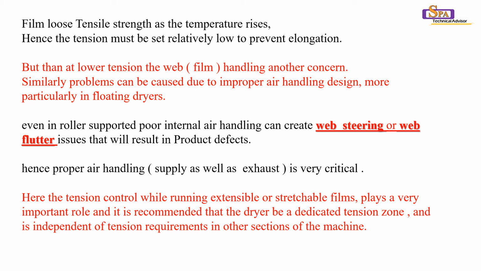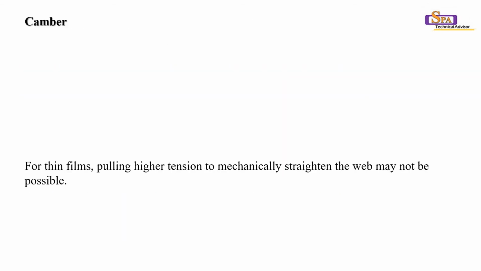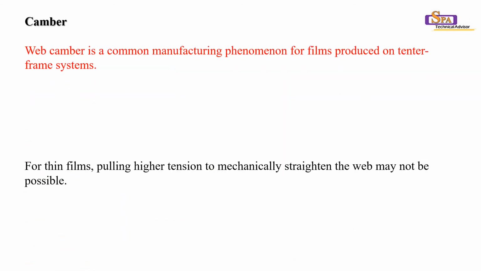Here the tension control while running stretchable films plays a very important role, and it is recommended that the dryer be a dedicated tension zone and be independent of tension requirements in other sections of the machine. Camber.